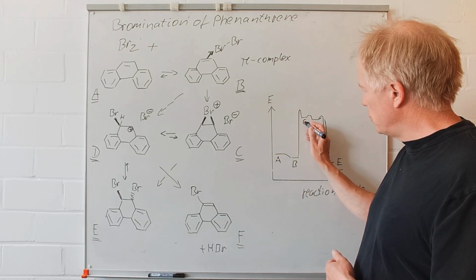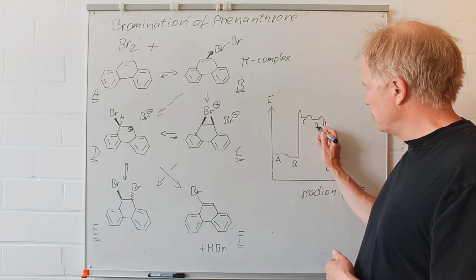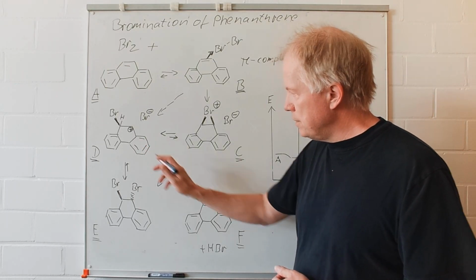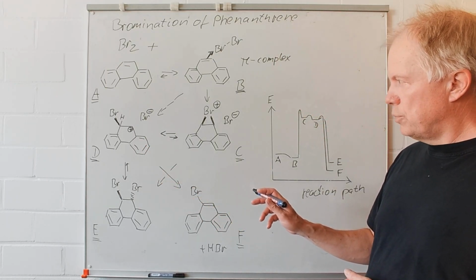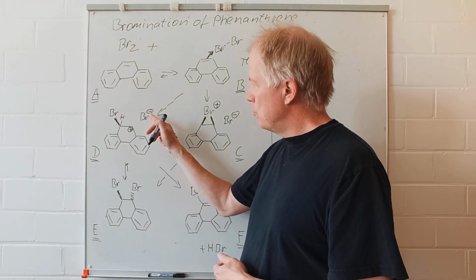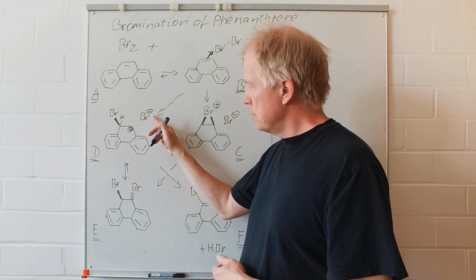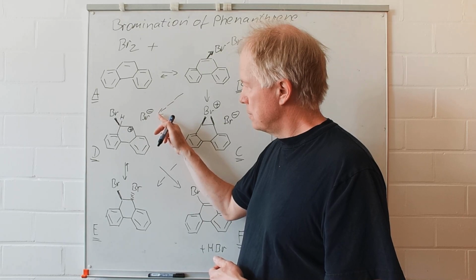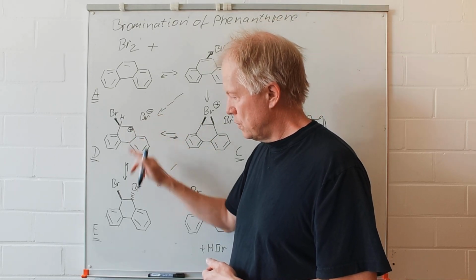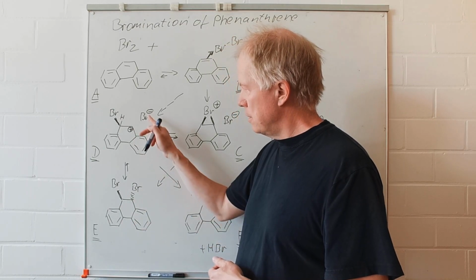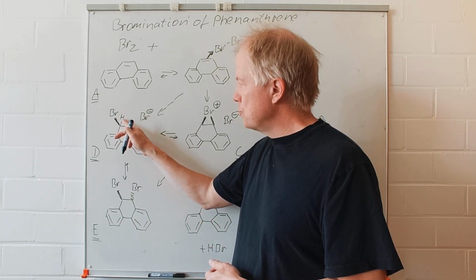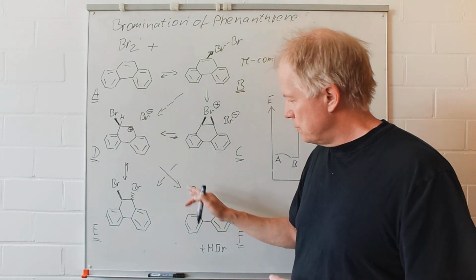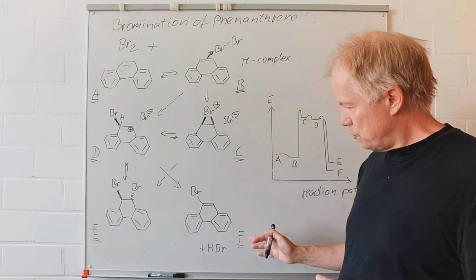So there is the possibility that C goes to D. And now from D, it is also possible that the bromide does not react as a simple nucleophile going to the addition product, but as a base deprotonating here, and then the phenanthrene system re-aromatizes, and we get 2F.